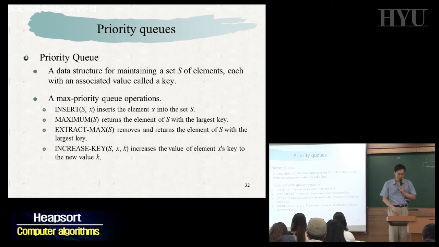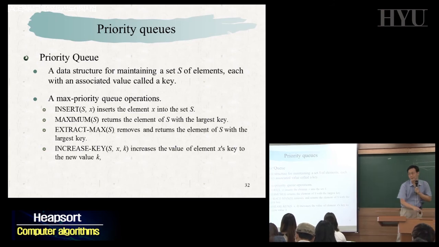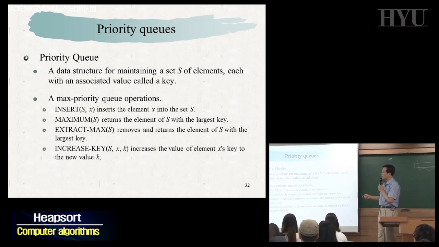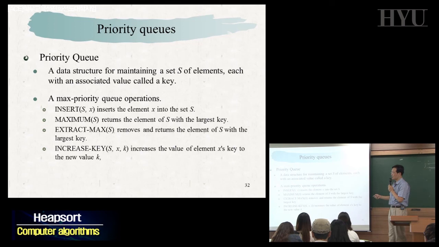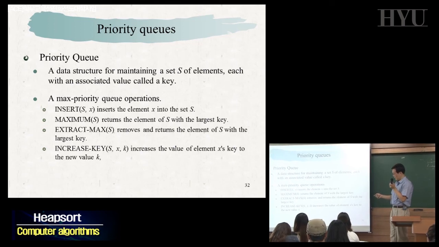The first one is insertion. We insert a new key X into a priority queue S. And the maximum, to get the maximum value of the priority queue.